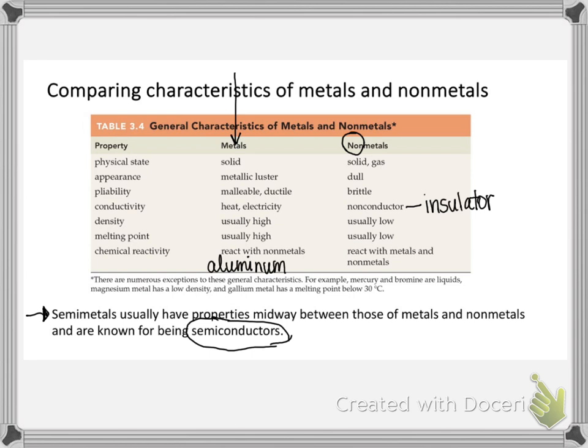If I understand correctly, and I don't know a lot about semiconductors, it has to do with semimetals conducting electricity maybe without getting hot. Metals, I think, when they conduct electricity can get hot. And it's something like that that makes them more valuable in electronics than just a regular metal.